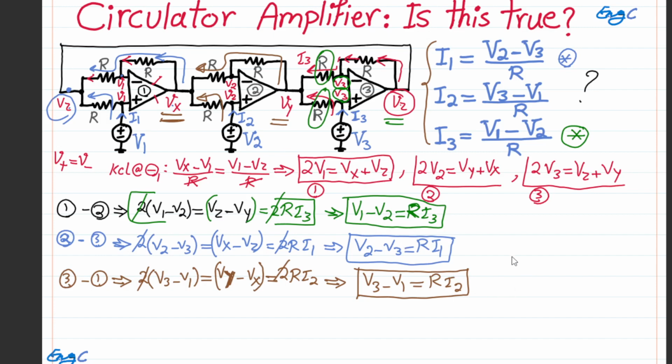In a follow-up video, I'm going to show you that if we think of this whole circuit as a circulator that is usually indicated like this, with the direction of circulation, because I1 depends on V2 minus V3, that's why we have this counterclockwise direction of circulation.